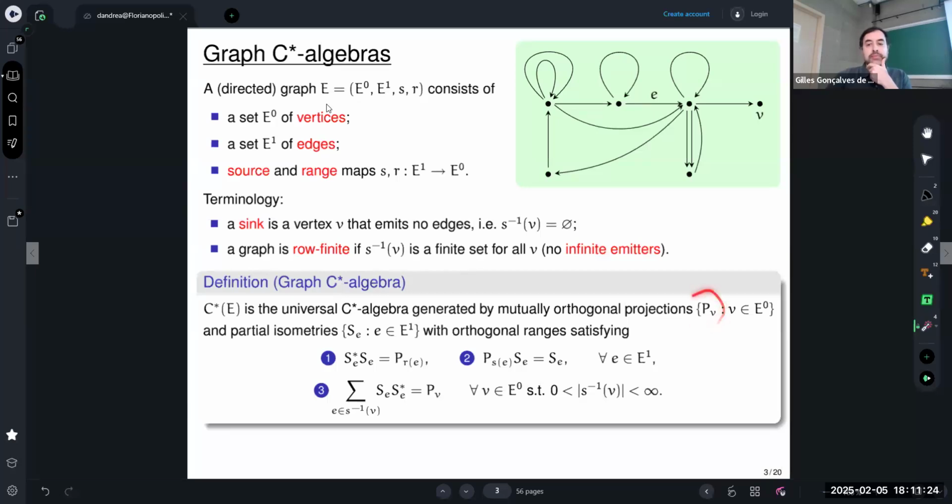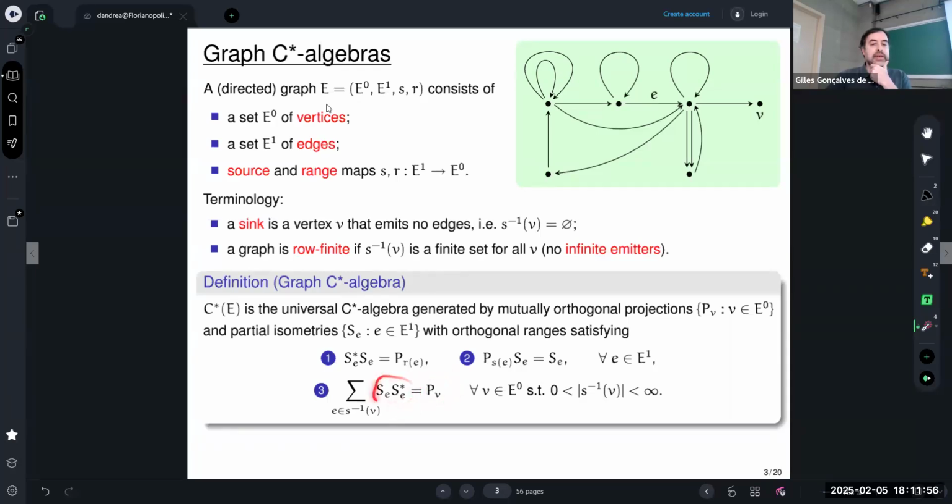You have one projection P_v for each vertex v, one partial isometry S_e for each edge e, and there are some relations. So these relations are that S_e star S_e, where star is the adjoint in the C*-algebra, should be the projection attached to the range of the edge. If you take all edges that are emitted by some vertex v and sum the range projections, you get P_v.